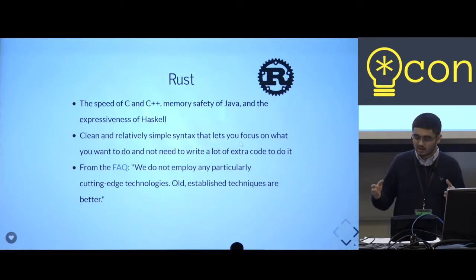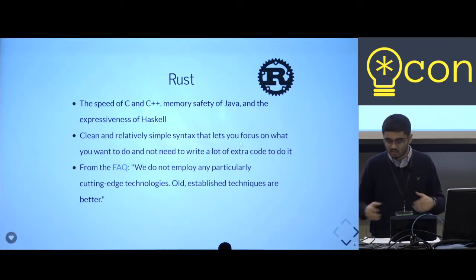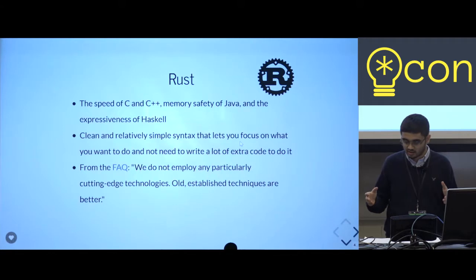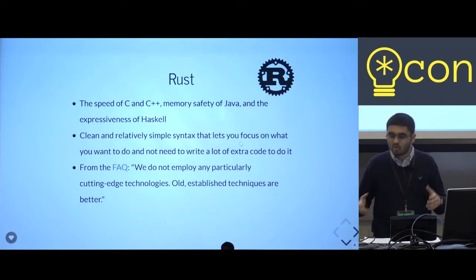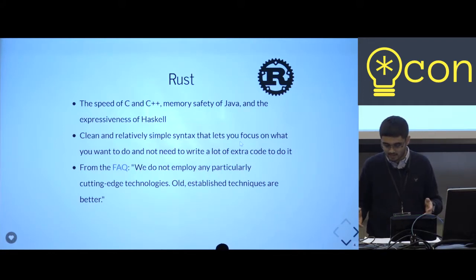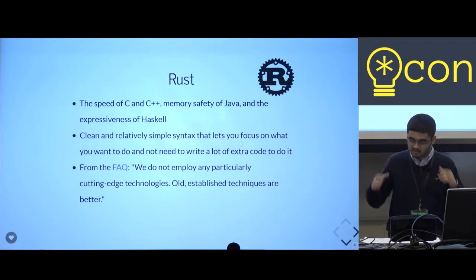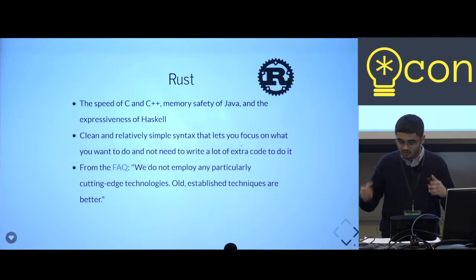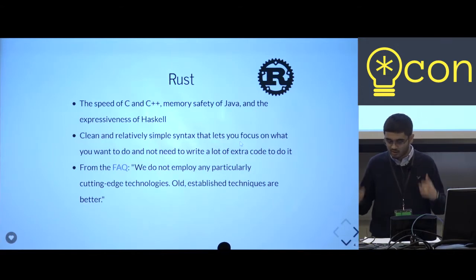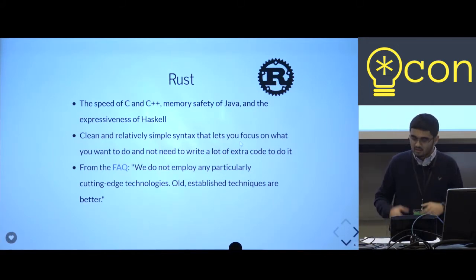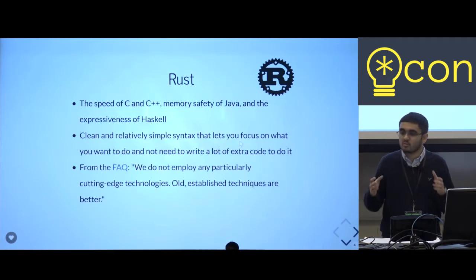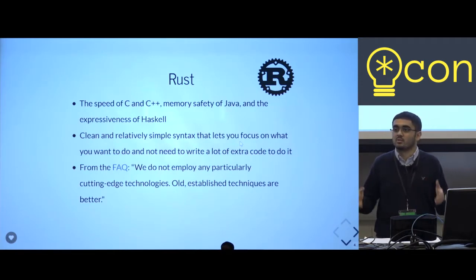The Rust Frequently Asked Questions page even says that we don't employ any particularly cutting-edge technologies. Old, established techniques are better. That means that even though Rust is different from C, C++, or Java, there's enough familiarity to make learning Rust feasible for everyone. You don't need a complete mental readjustment like other languages might require from you.